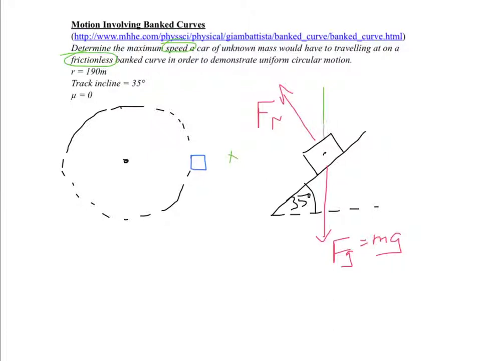This would be my normal force in the y plane. This would be my normal force in the x plane. Okay, so what do you label this angle down here to be? It's actually identical to the angle that you have down here, so we're going to label that to be 35 degrees as well.